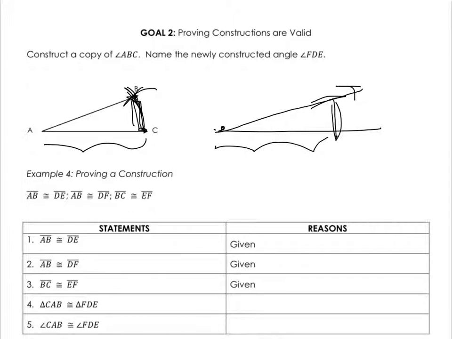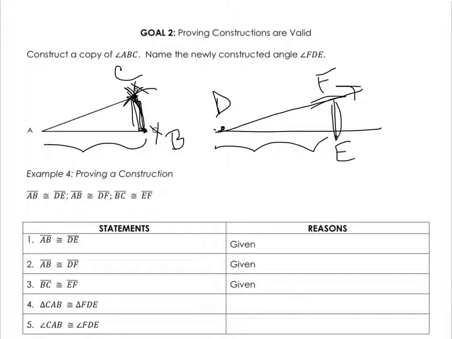Of course, the book has this as AC, CB, but anyway, it doesn't matter. And then this one is D, E, F, and let's just fix this. So we'll call this C, and we'll call this B, just so things line up.